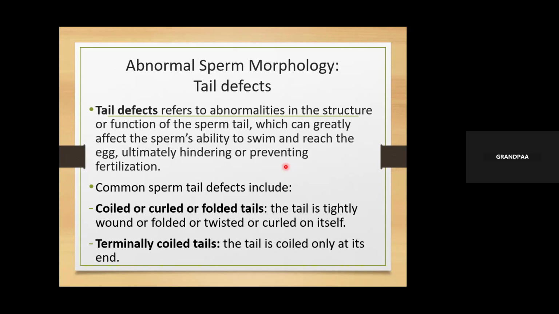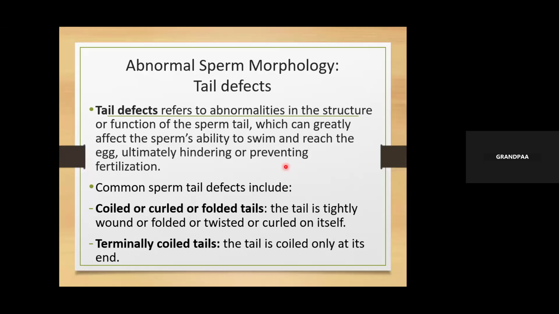The main focus of a sperm is to be able to move and travel to meet the egg and cause fertilization, and this is actually facilitated by the movement of the tail.